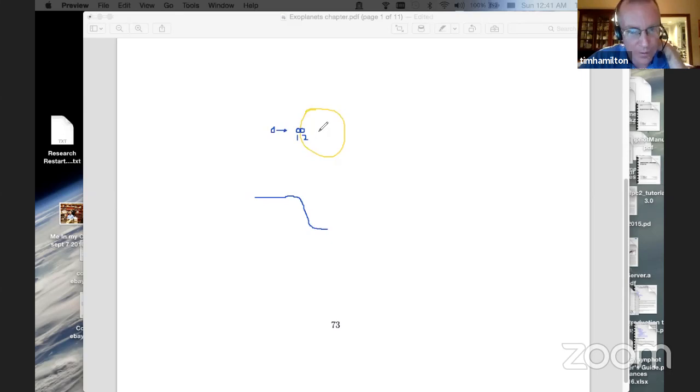And by the time the planet is making second contact here, it's 1, that's 2, we're down at the bottom of the well. It also turns out, though, that stars tend to be brighter in the center and dimmer on the edge, or the limb. That's called limb darkening, and the starlight is emitted a bit more straight outward. And so if the surface is turned away from us, it appears dimmer. So that means that at point 2 here, the planet is not covering a bright part of the star.